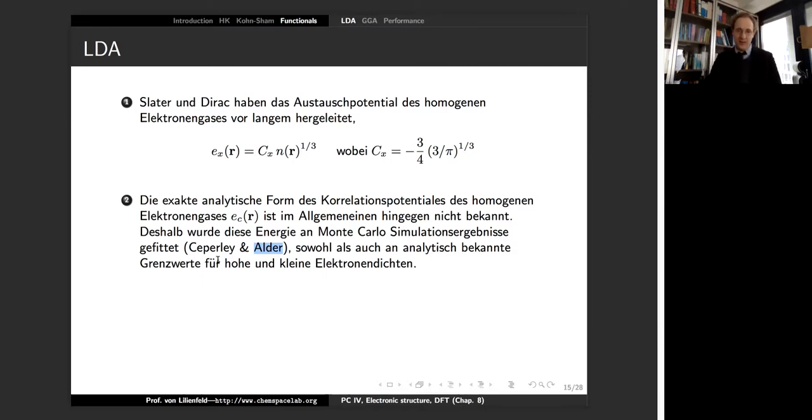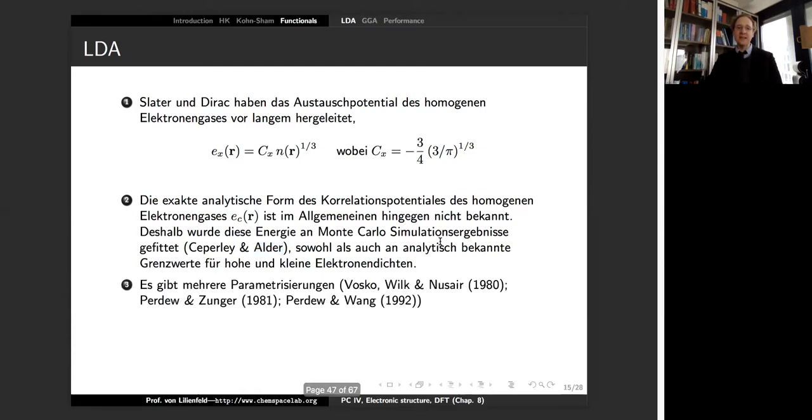And with this, you can fit this electron correlation function to different values of the electron density in the homogeneous gas, right? So as your constant value of the electron density increases, your electron correlation potential changes. And they obtained this, and there are multiple fits to those numbers.